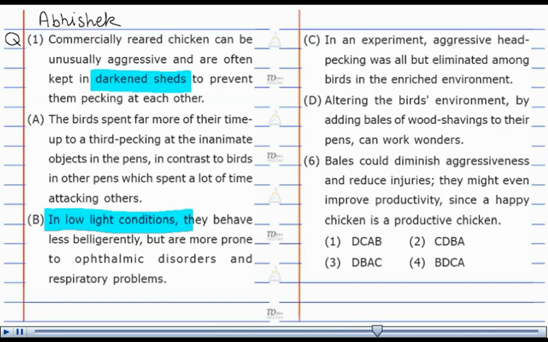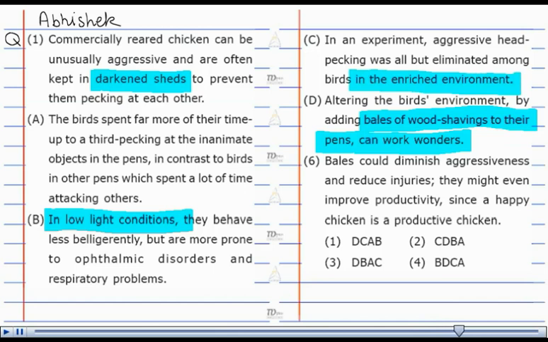As we have got the link DC, let us see what connects them. D: Altering the birds' environment by adding bales of wood shavings to their pens can work wonders. And C says that in an experiment, aggressive head pecking was all but eliminated among birds in the enriched environment.